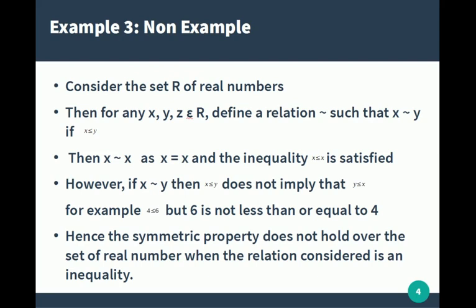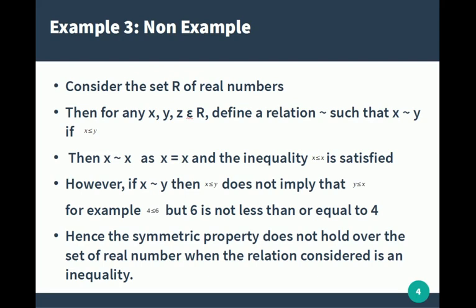However, if x is related to y, then x must be less than or equal to y. This in no way means that y is also less than or equal to x. For example, consider the relationship between 4 and 6. 4 is less than 6, hence the inequality 4 is less than or equal to 6 is satisfied.